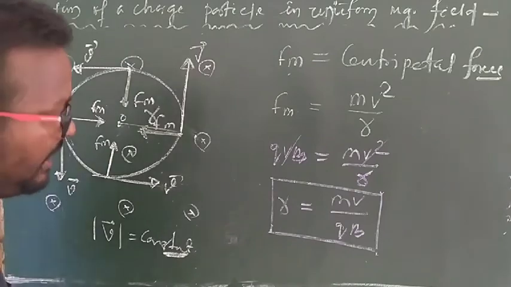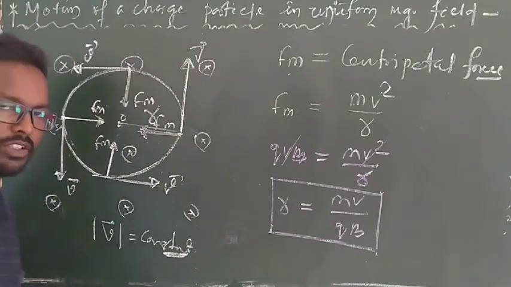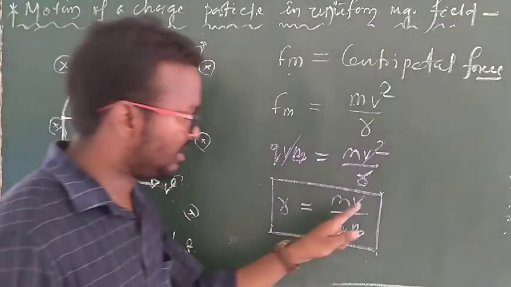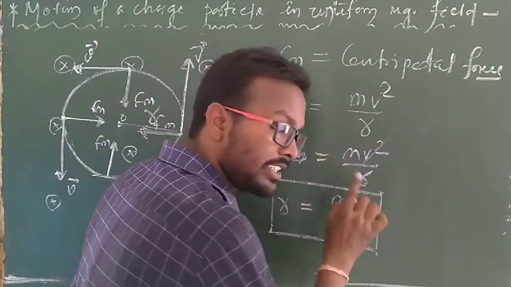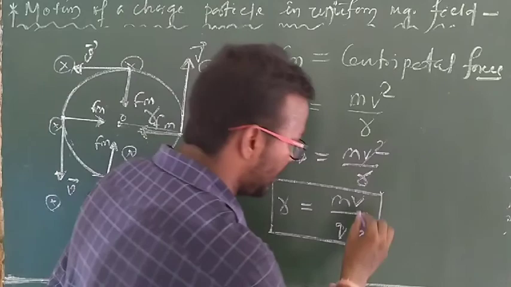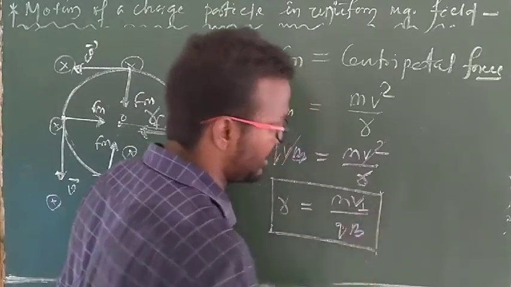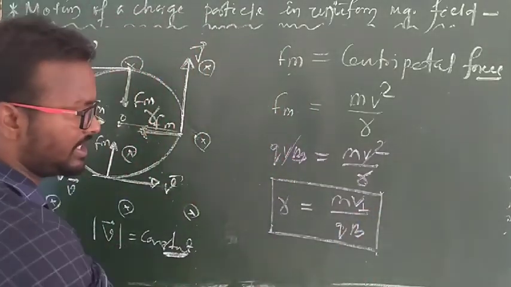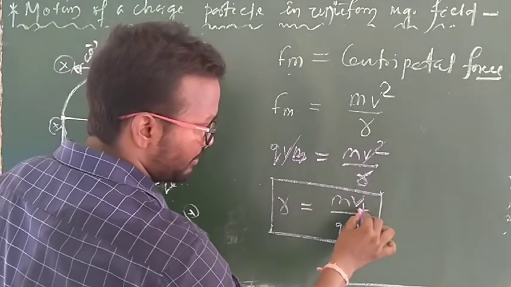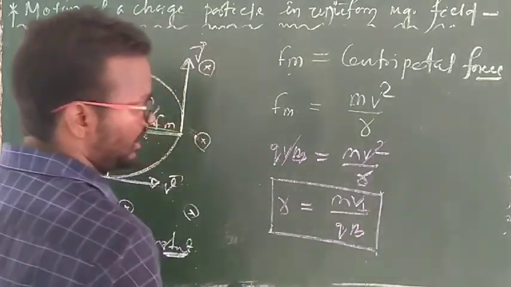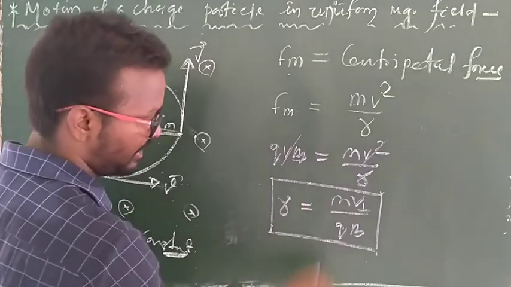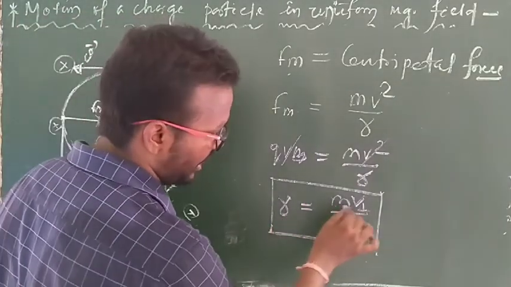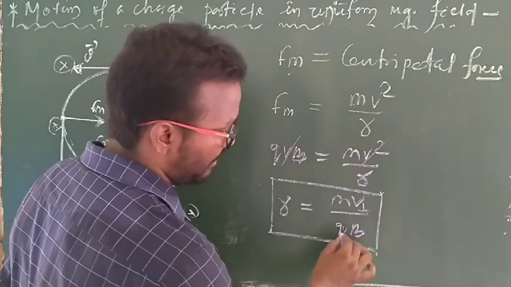If a charged particle is moving perpendicular to the direction of the magnetic field with velocity v, and this is the perpendicular velocity, that means this velocity is perpendicular to the direction of the magnetic field. So the radius of the circle can be represented as r equal to m times the perpendicular component of velocity divided by qB.